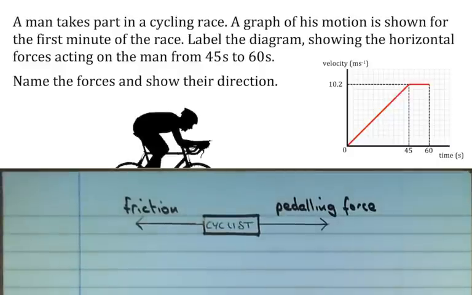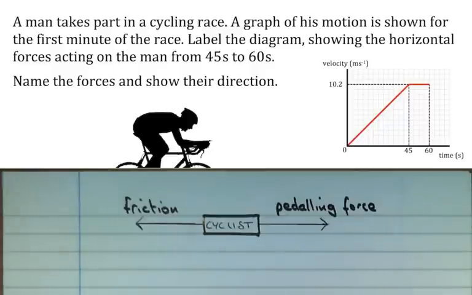It could be a question asking you to describe the forces, and you'd be mentioning the fact that the horizontal forces in this case, acting on the cyclist, are balanced. So remember, Newton's first law says that an object remains at rest or moves at constant velocity in a straight line unless acted on by an unbalanced force. So Newton's first law relates to balanced forces.